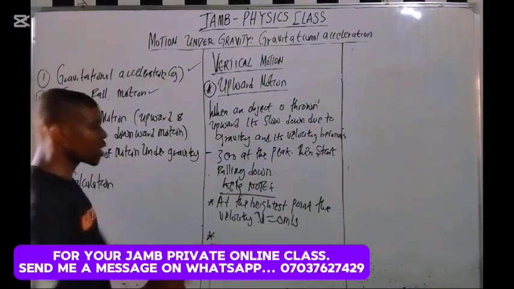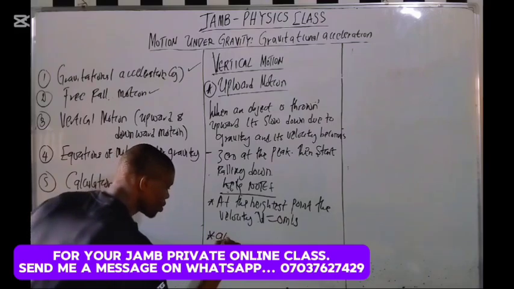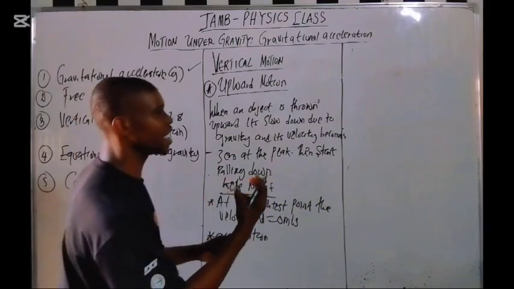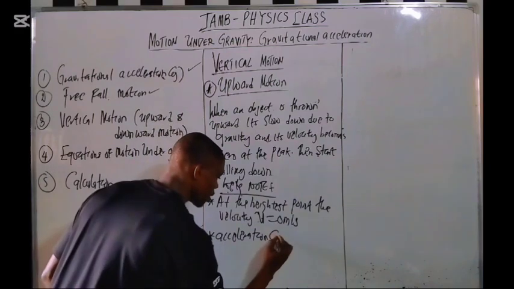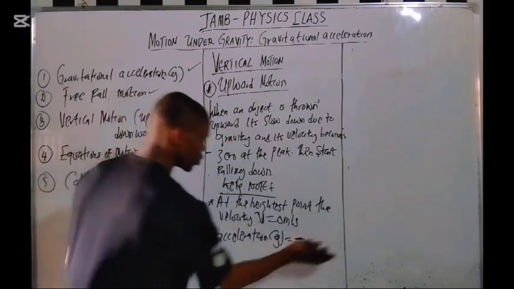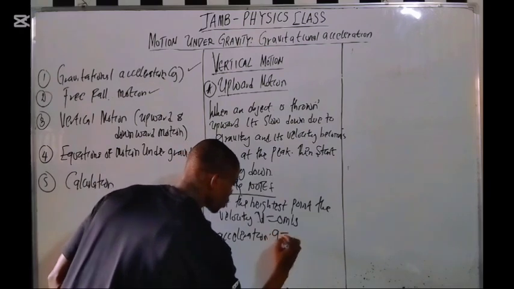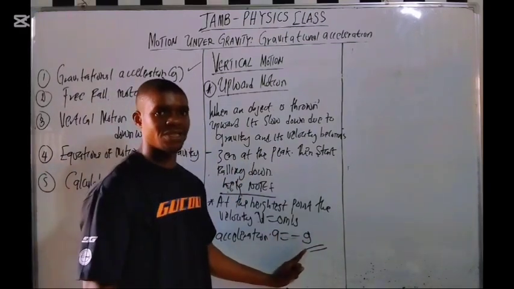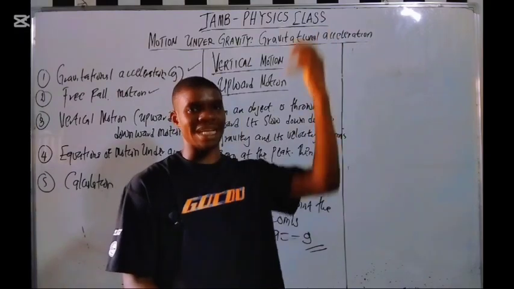Now the acceleration, what happened to the acceleration? Acceleration, when it travels up, which is a, is equal to minus what? G. This is the reason why it's called negative g, because it's acting against gravity.